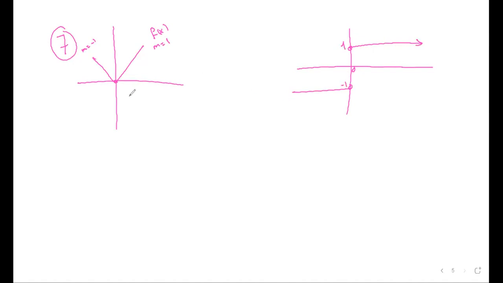The last one I'll show you is the root function, f of x equals root x. Here at 0, as you know, we have a vertical tangent, and then the slope of the tangent will be a little bit less positive, the steepness will be less.